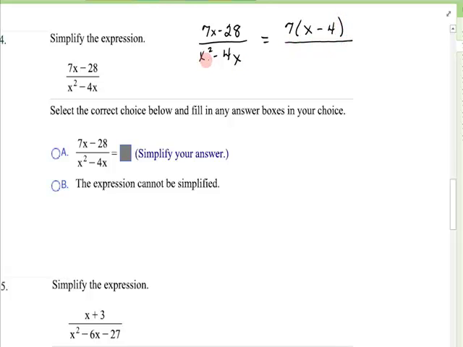Over, here I see a common factor of x. X goes in there x times, x goes into that term, negative 4 times. Do you see any common factors? The binomial factor x minus 4 is in common. And that gives us 7 over x.